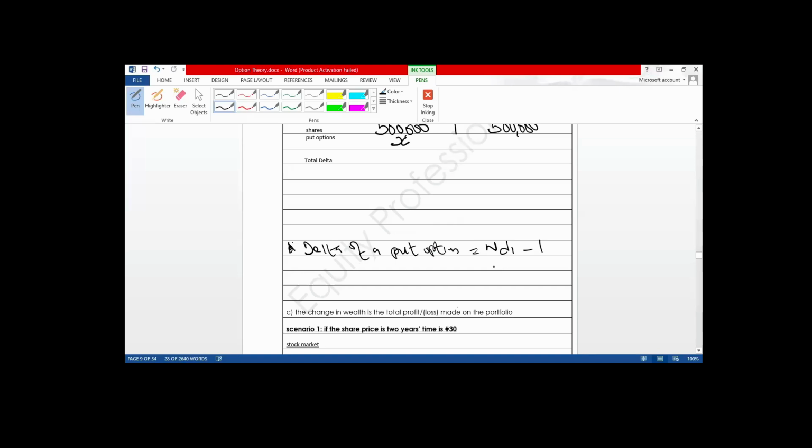What is your N(d1) figure? 0.8864 minus 1. That will give you negative 0.1136. Delta of a put option, negative 0.1136. Total put option delta, X multiplied by the delta, negative 0.1136X.